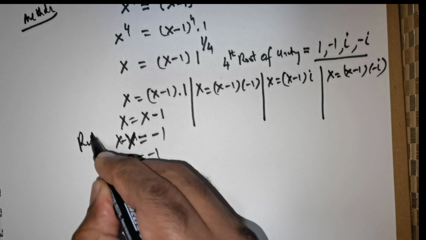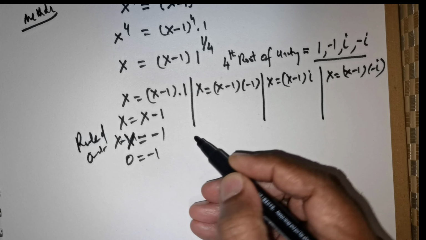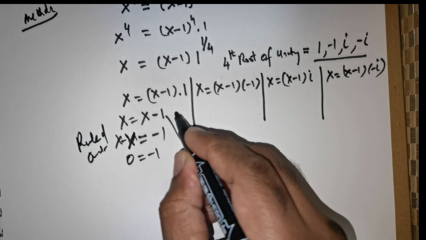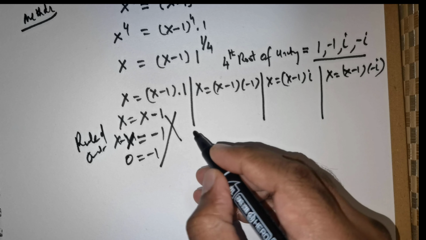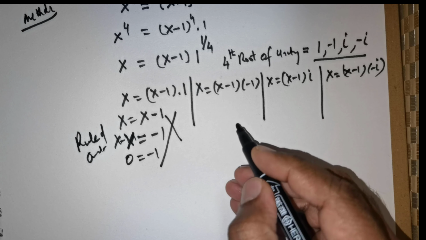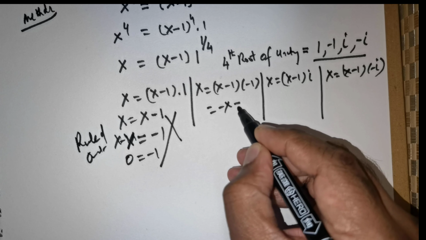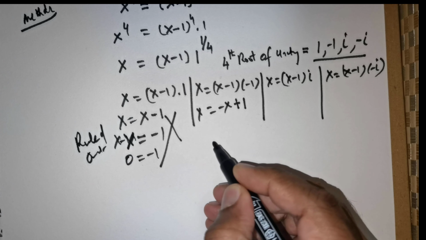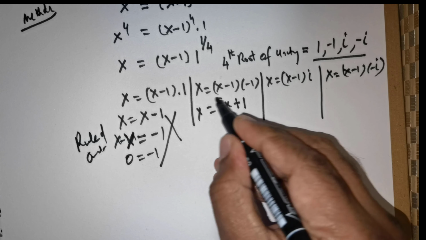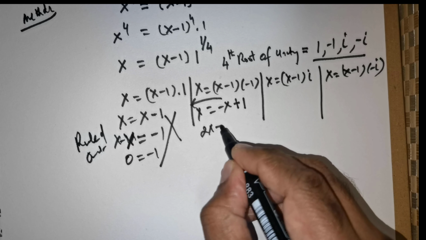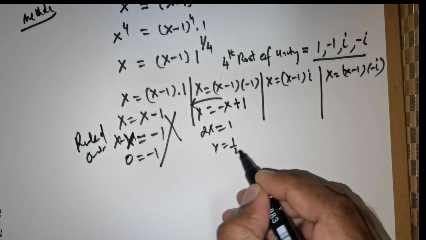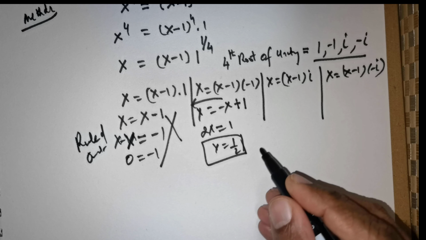This is ruled out. So that means we don't have this among the roots, and that's the reason it's a cubic equation. And from here it's -x + 1 = x, and if I move -x to the other side, you get 2x = 1, therefore x = 1/2. So this is a root.